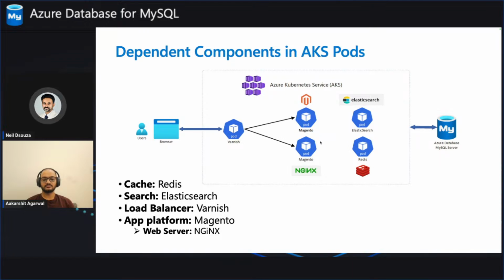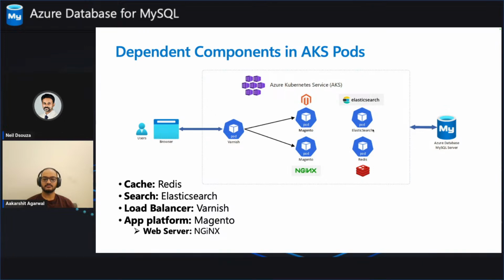There are a few other components that are also running in AKS. One is called Elasticsearch, basically for the search needs of the application. It provides a better, improved search experience with Magento, and it is the go-to standard for any Magento application, be it deployed on-premise, on a VM or anywhere.